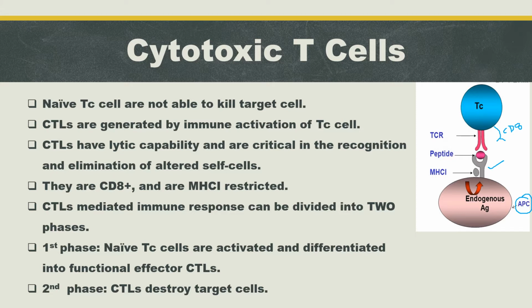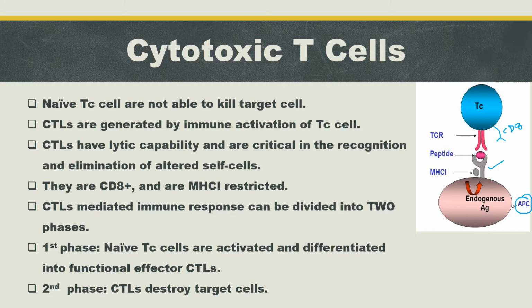We know that naive TC cells are selected by positive and negative selection in the thymus, but they have not encountered any antigen. These naive TC cells are also known as cytotoxic T lymphocyte precursors, because only from these TC cells are cytotoxic T lymphocytes developing.